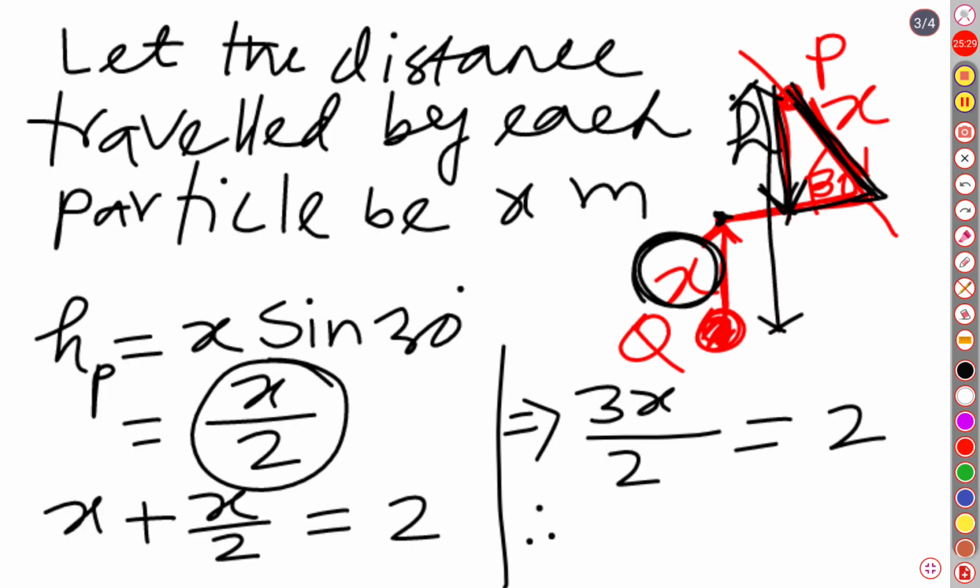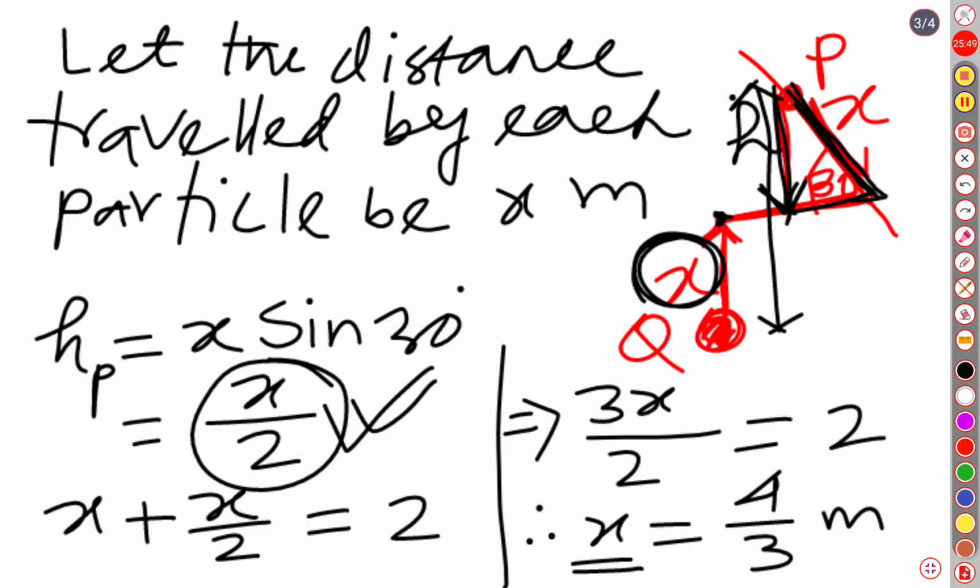Hence our x is going to be 4 over 3. So x, the distance traveled by Q, is 4 over 3 meters. Now we are supposed to find the height of P. Height of P is not actually x, it was x over 2.